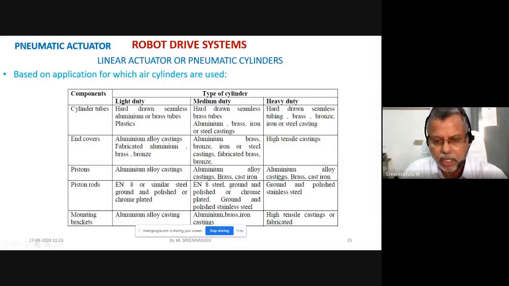In all these instances, they have quoted aluminum alloy castings. Aluminum alloys have different categories. Depending upon the requirement, you can select your appropriate alloy. So don't be under the impression that for light duty, medium duty and heavy duty, the same aluminum alloy casting is going to be used.